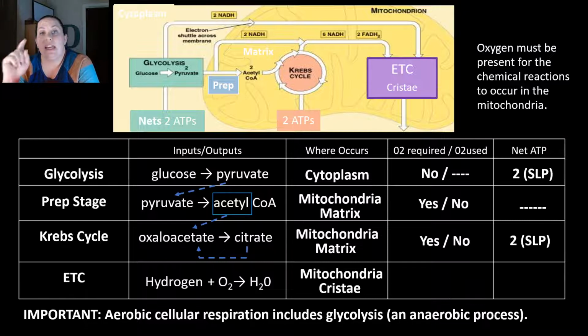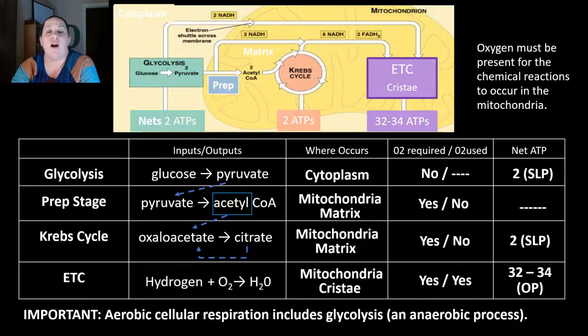Here, oxygen is required and it is used. And this is the big step of ATP. We get 32 to 34 ATP, but we're going to get it through oxidative phosphorylation. So important here, guys, is aerobic cellular respiration includes glycolysis, but so does anaerobic.